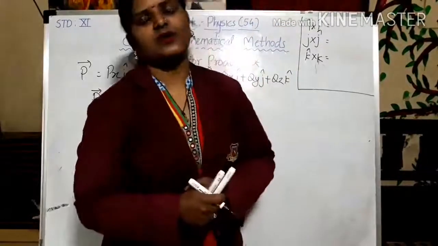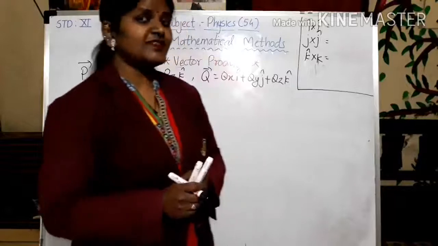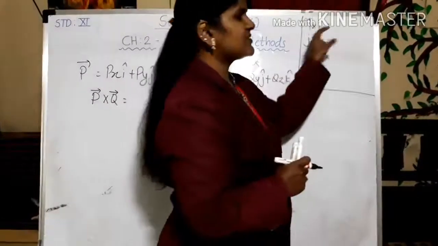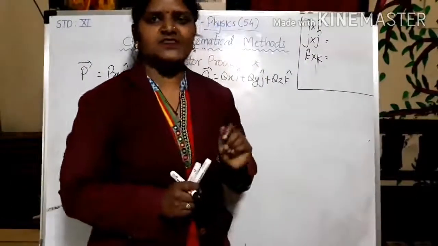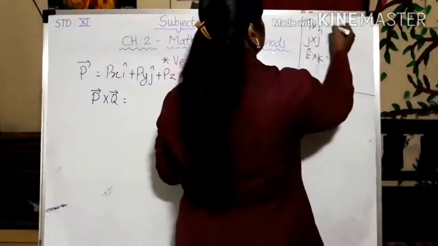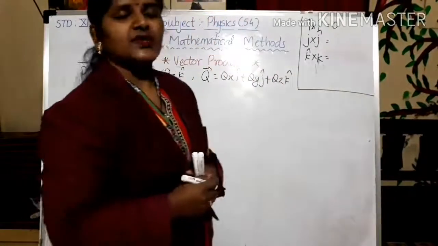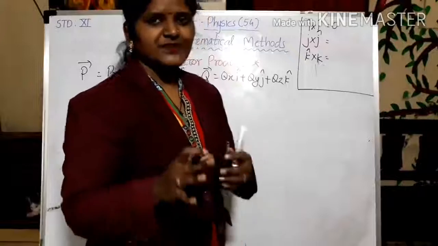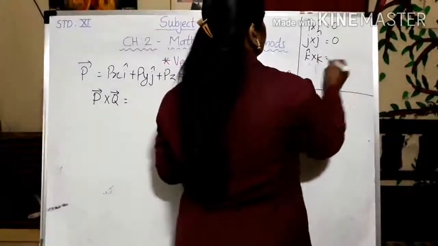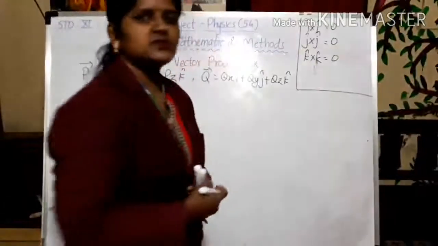Exactly the opposite we are going to say in vector product. What is the meaning of this? i cross i, that means self cross product is always 0. j cross j, self cross product is 0. k cross k, self cross product is 0.